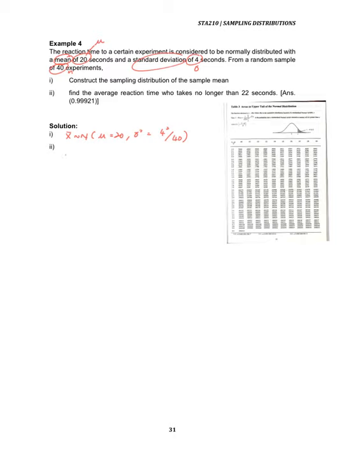Number 2: find the average reaction time that takes no longer than 22 seconds. So now the probability of x bar less than 22 seconds. So z less than 22 minus 20 over 4 over square root 40. So we will have z less than 3.16.